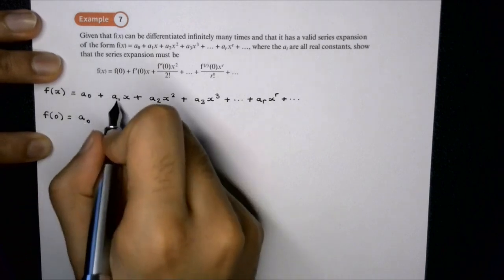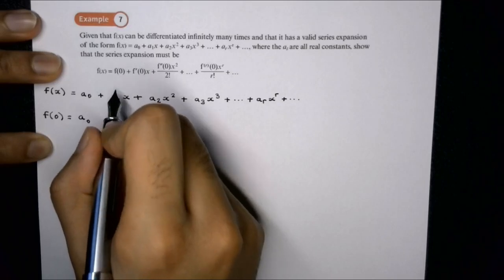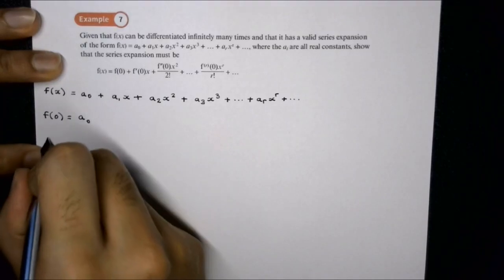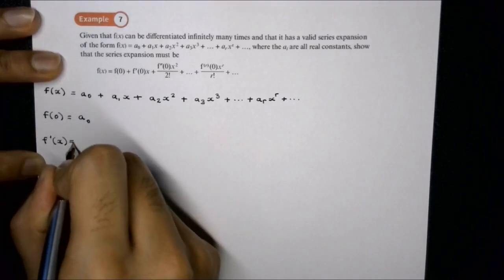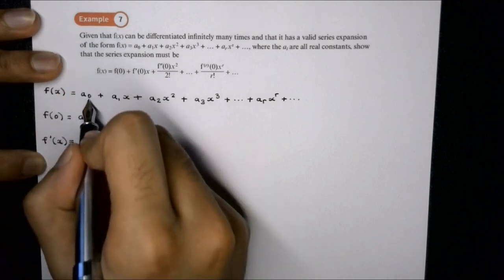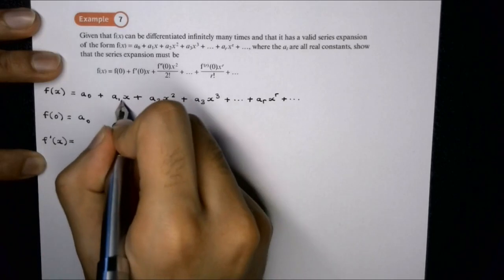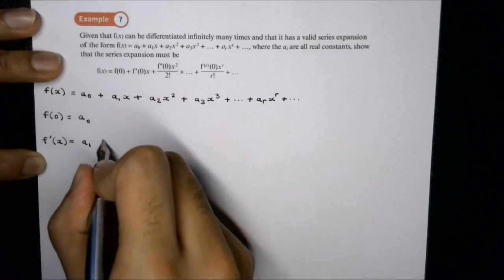Now, for us to find what a1 is, we need to differentiate f of x. So if we differentiate f of x, f dash of x, well, here, differentiating a0, we get 0. Differentiating a1x, we end up with a1.